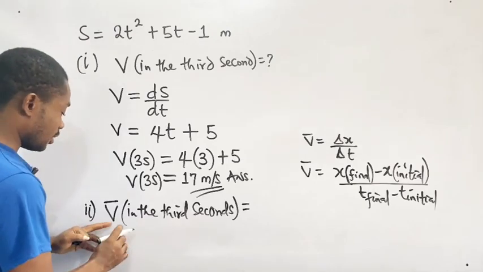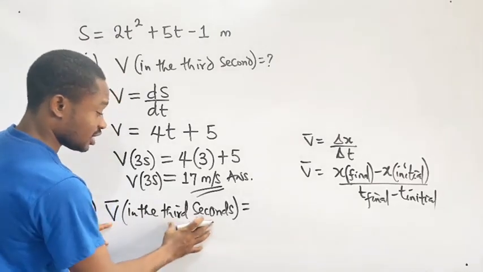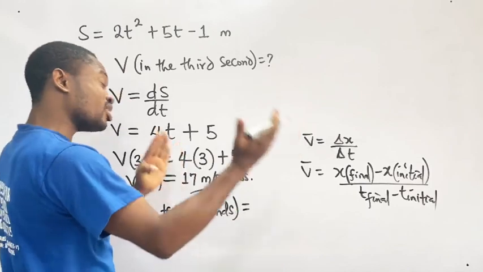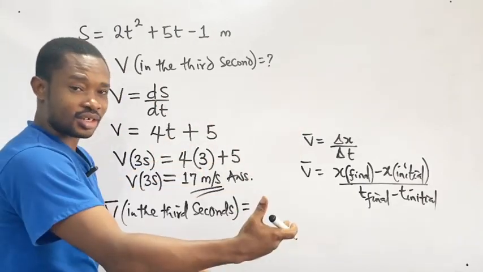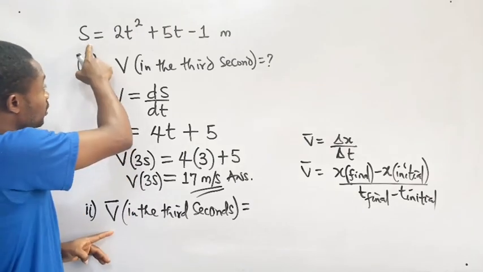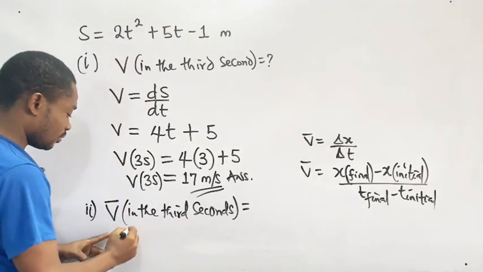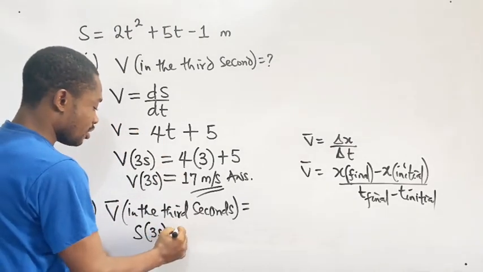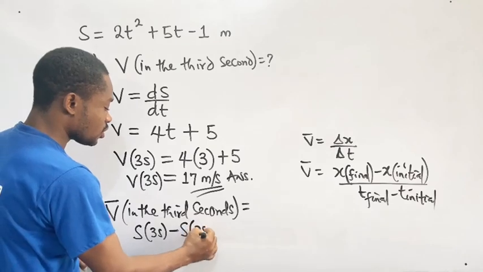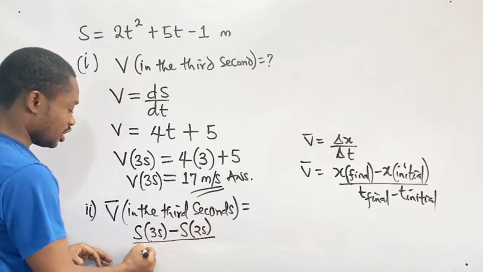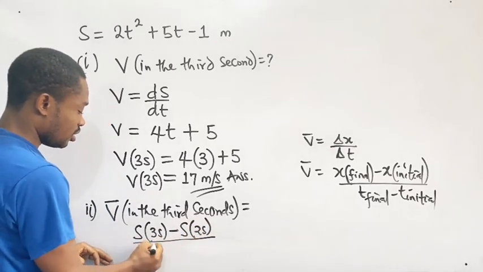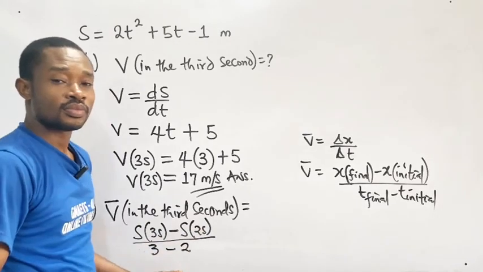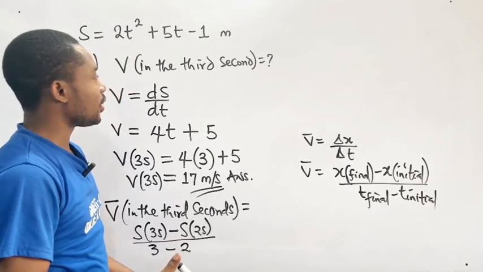All I have to do now is to get the average velocity in the third second. You are calculating it now between 2 and 3 seconds. That's the implication. So it's going to be the displacement at 3 seconds, which is the final time, minus displacement at 2 seconds, then divided by the change in time, which is 3 minus 2. Final time minus initial time.